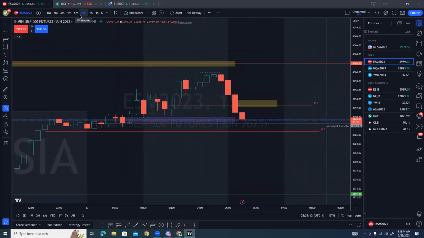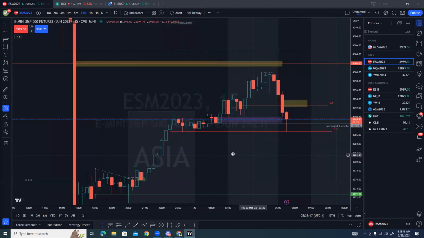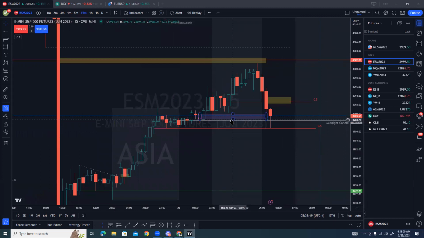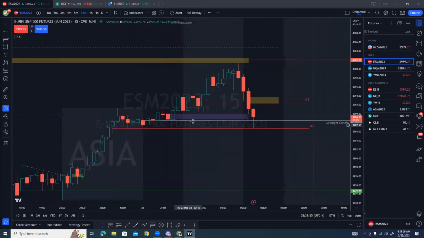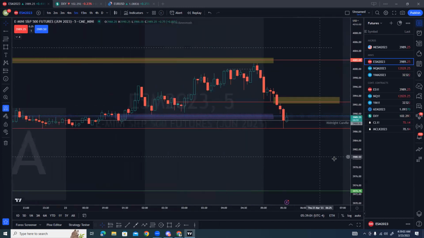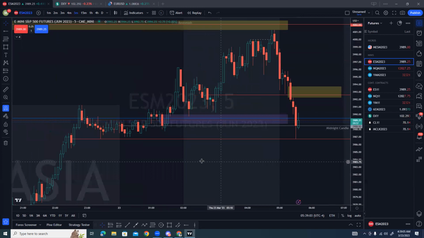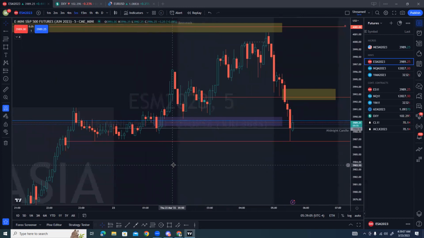But I look through the time frames that I trade a lot, right? So on the 15-minute chart, I want to see some order blocks or breaker blocks. And on the 5-minute chart, I like to see the order blocks and breaker blocks on them.